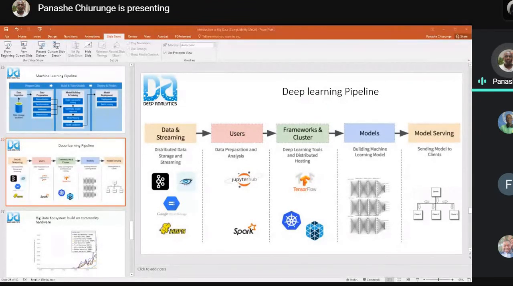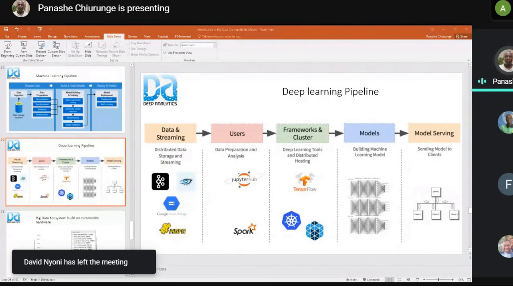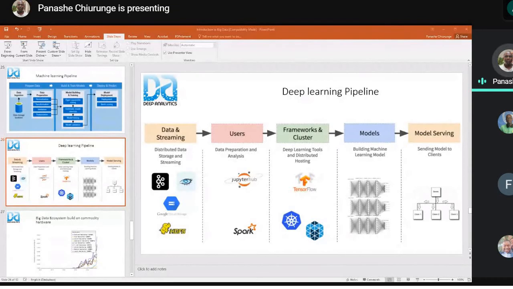Then you've got frameworks to build your models, like TensorFlow and PyTorch. After you build your models, you do what is called model serving, which is another word for deploying models.